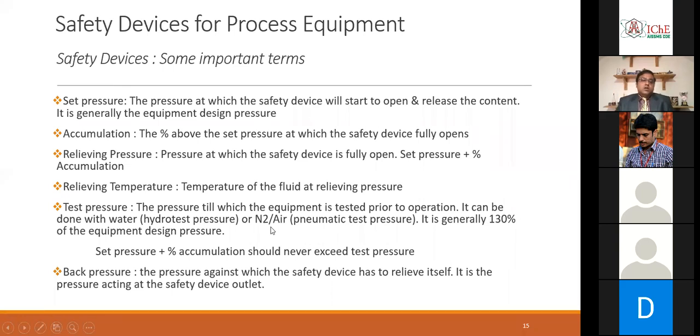Test pressure is the pressure at which, as I said previously, the equipment is tested prior to the operation. It can be done with water, which you call a hydrotest pressure, or with nitrogen or air, which you call a pneumatic test pressure. It is generally 130% of the equipment design pressure. One thing we need to note is that your set pressure plus a percentage accumulation should never exceed the test pressure.